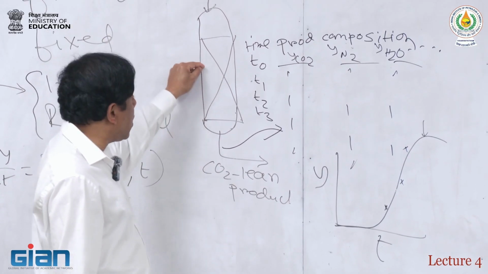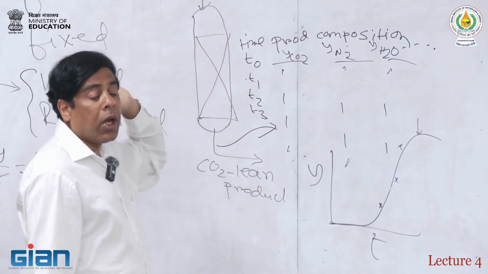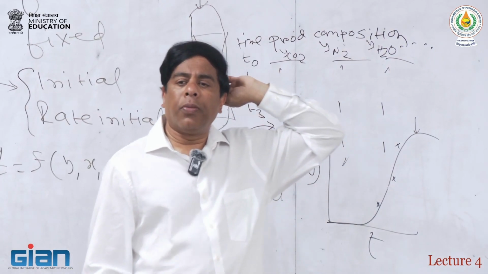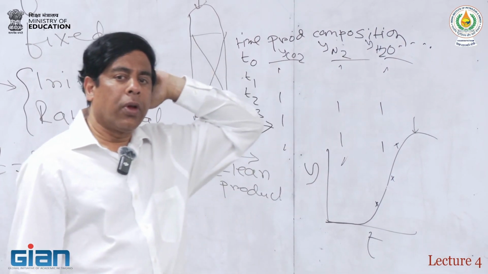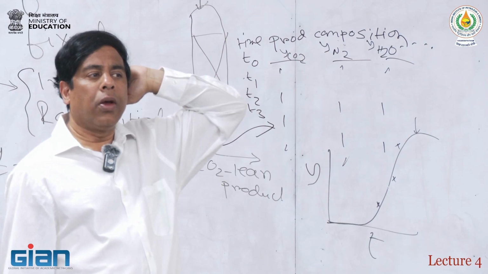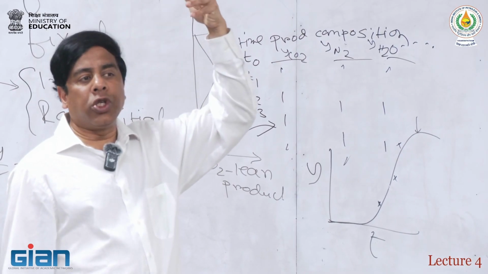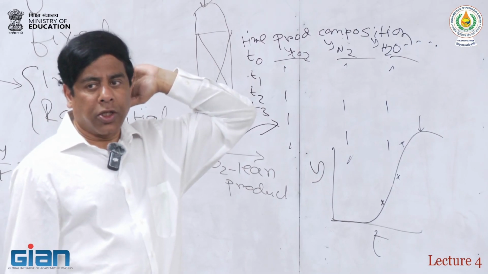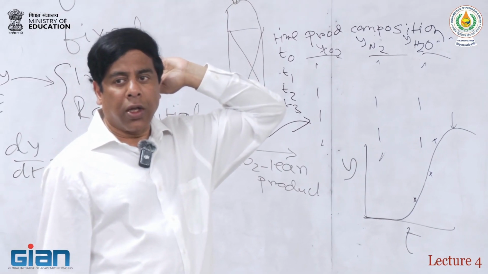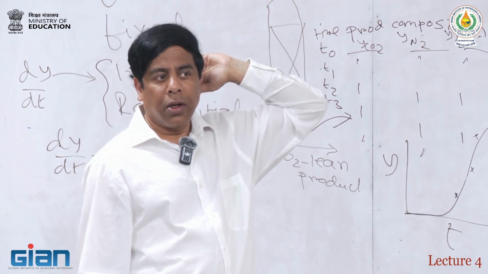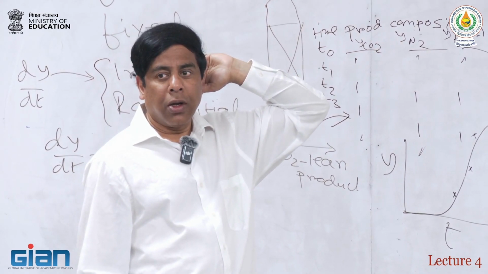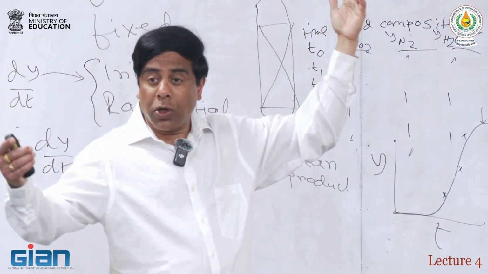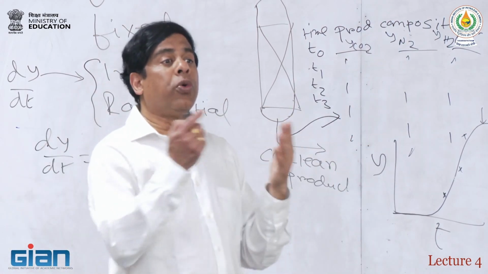When I say composition variable, composition of what? Composition of which type of species? Is it gaseous? What else? Also the solids, right? Because the solid loading is changing, because we need to compute that.